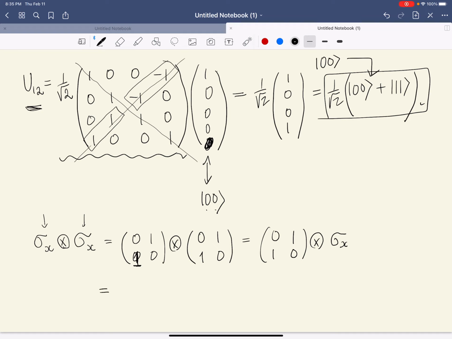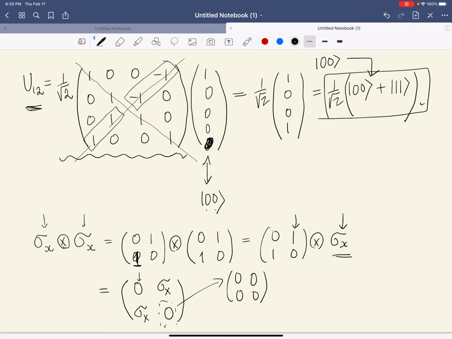Now what happens when you do this tensor product is that this element 1 becomes the Pauli matrix which we borrow from the second entry, and this also becomes the Pauli matrix sigma x, and this naturally becomes a 2 by 2 matrix of zeros.